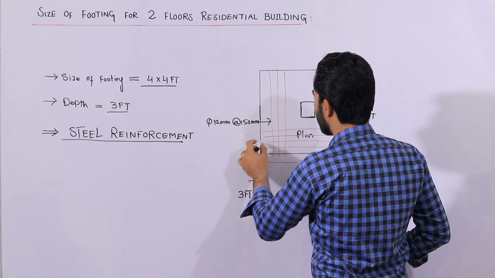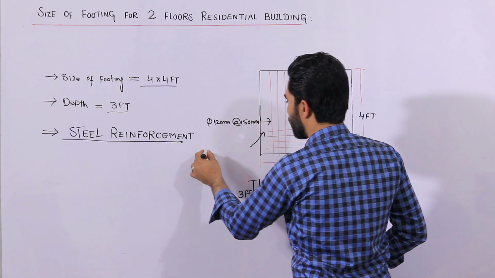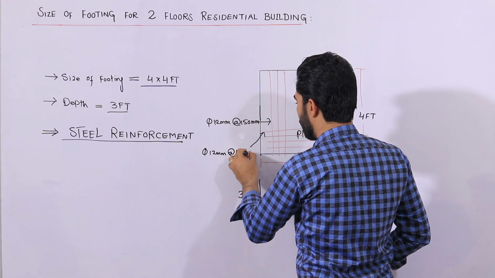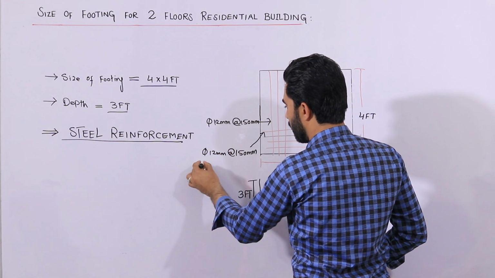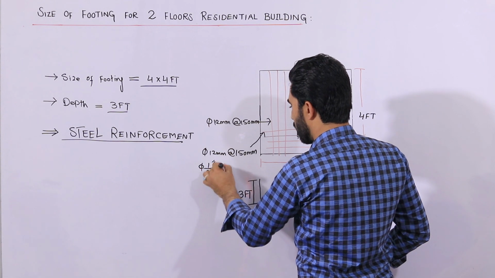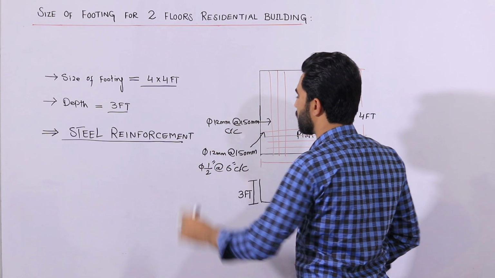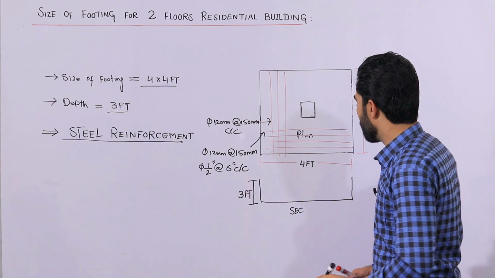Same for this one, you can use 12 mm with the spacing of 150 mm, or you can say ½ inch with the spacing of 6 inches C/C, center to center distance. So this is steel reinforcement.